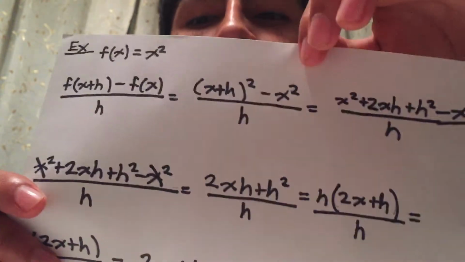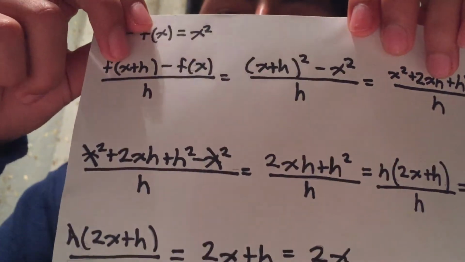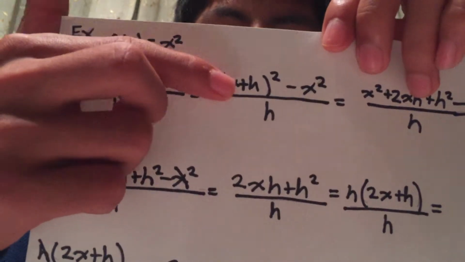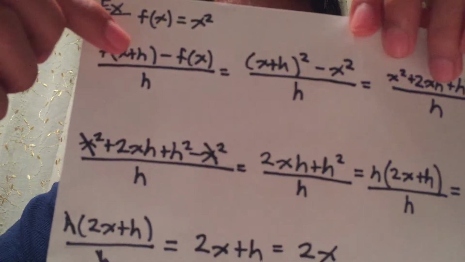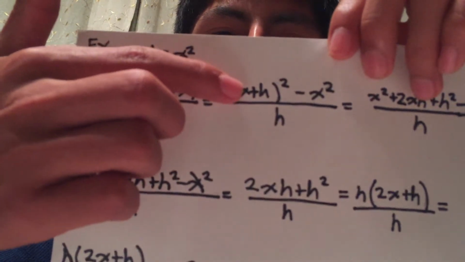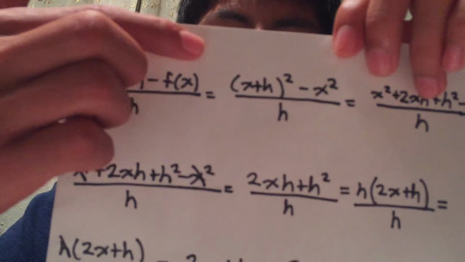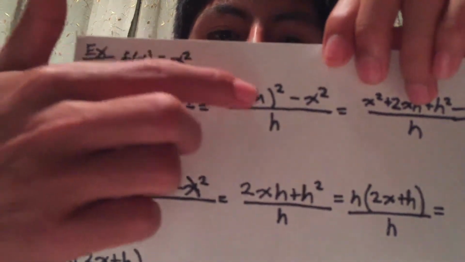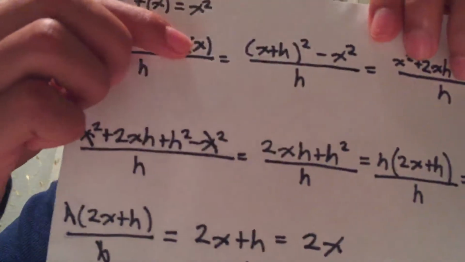Why would I have this here? Because we're trying to get the function of x, and this was the function of x plus h, so instead of having x squared, we had x plus h squared, because we still have to include that h in there, and then minus f of x.